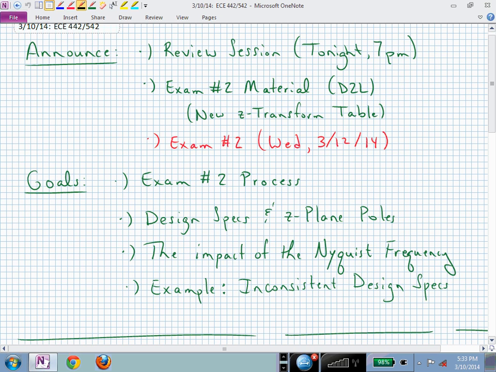That's what we mean when we deal with this Nyquist frequency. We will then go through an example where we might have inconsistent design specifications, and how do we achieve compatible design specs for 3 simultaneous design specifications in terms of percent overshoot, settling time, and peak time? How do we make that happen?